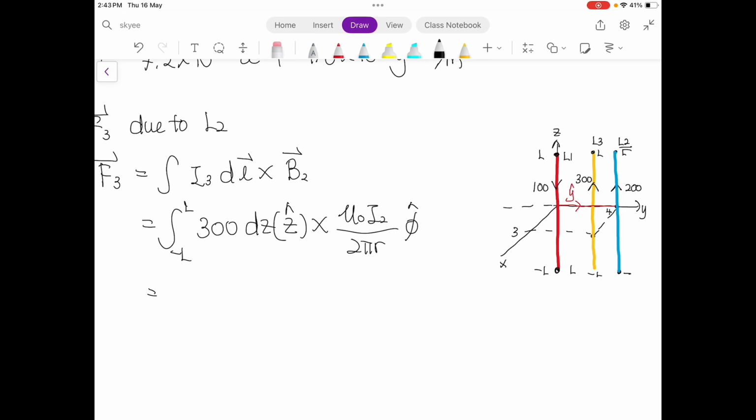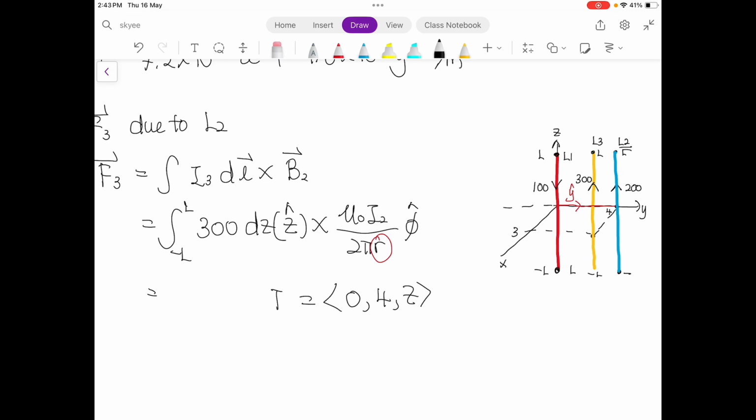Okay, so now let's find the R. First of all, we find the point T first. The point T would be on the I2, so I2 is (0, 4, Z).